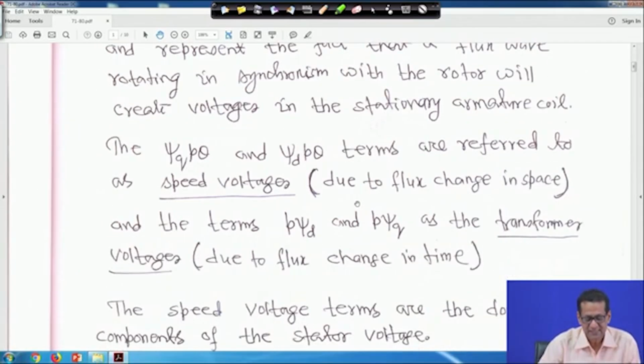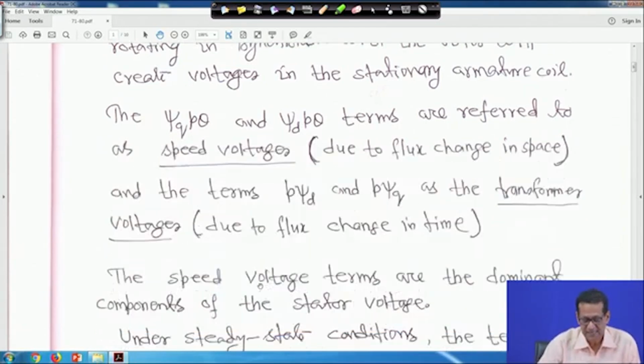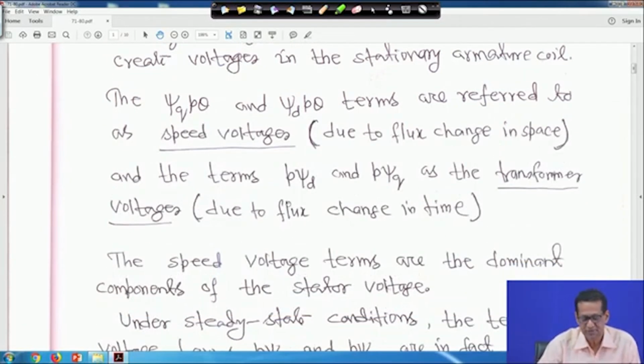Psi q p theta means psi q into d theta dt, and similarly psi d p theta means psi d into d theta dt. These are referred to as the speed voltages, due to the flux changes in space. The p psi d and p psi q terms we call transformer voltages, due to the flux change in time, because p psi d means d psi d dt, and p psi q means d psi q dt.